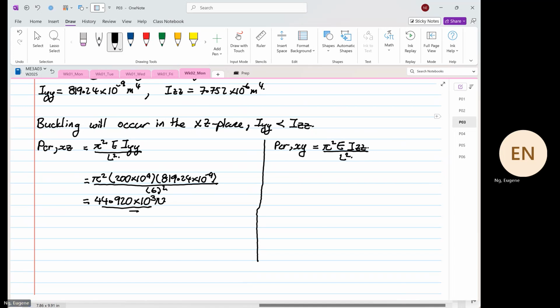Okay. If we were to calculate using IZZ, so this is still the same. However, your IZZ is at a much higher amplitude.